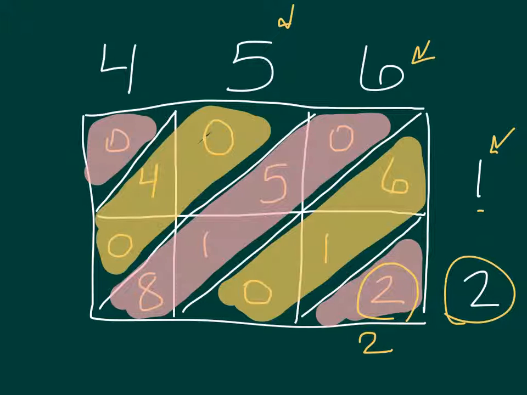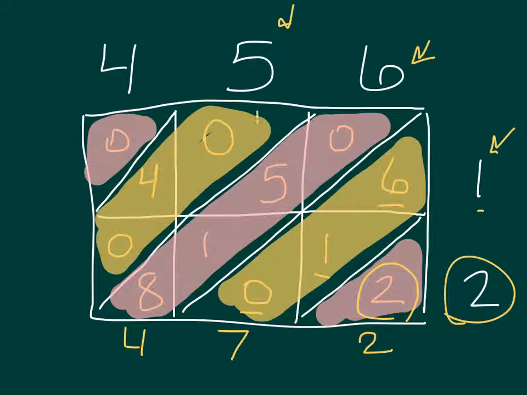I'm moving over to the next long diagonal that I highlighted yellow, and I'm going to add 0 plus 1 plus 6 and get 7. Now I'm moving over to the longest diagonal line that I have in pink. 8 plus 1 plus 5 is 14.